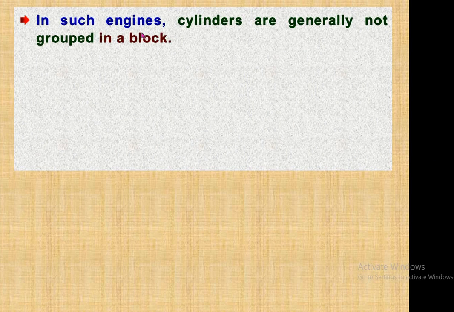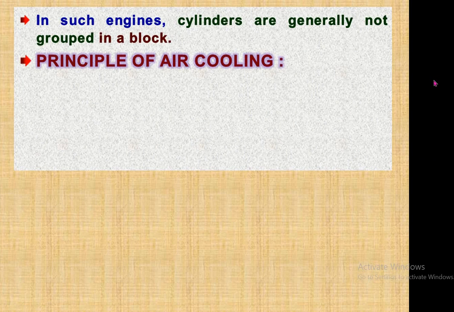Now in such air cooled engines, cylinders are generally not grouped in a block. We know that if our engine is 4-cylinder, 4-stroke, then 4 cylinders are embedded in the cylinder block, but in this case we cannot use air cooling.